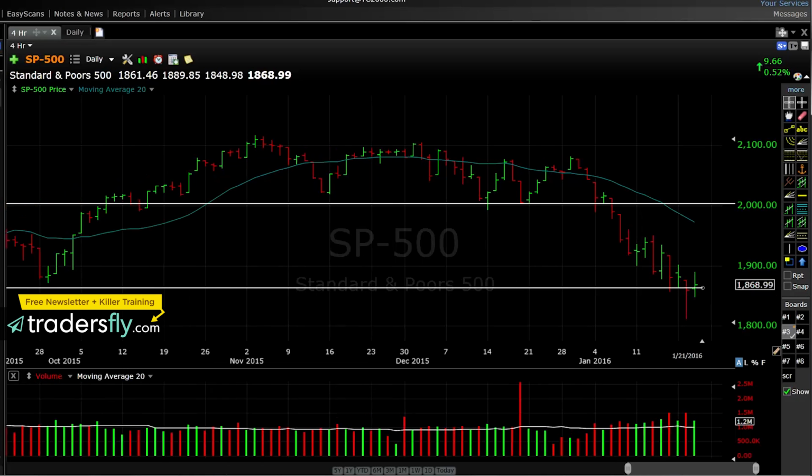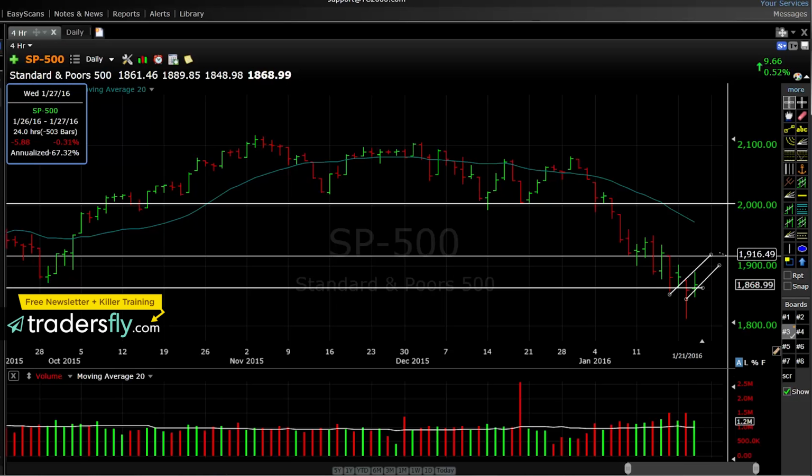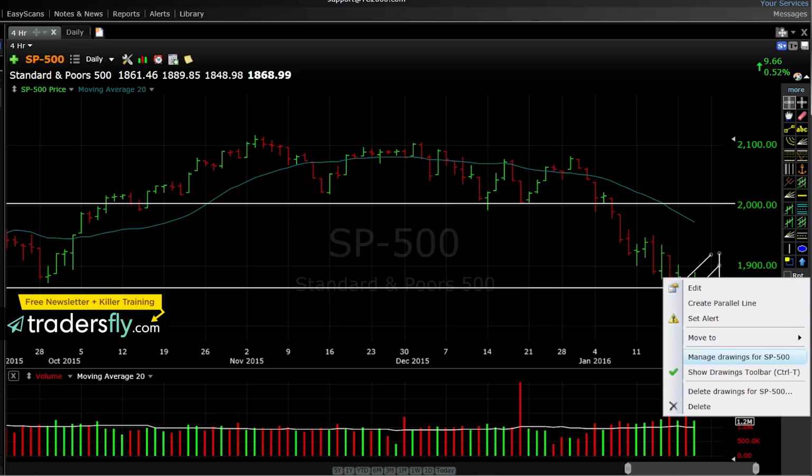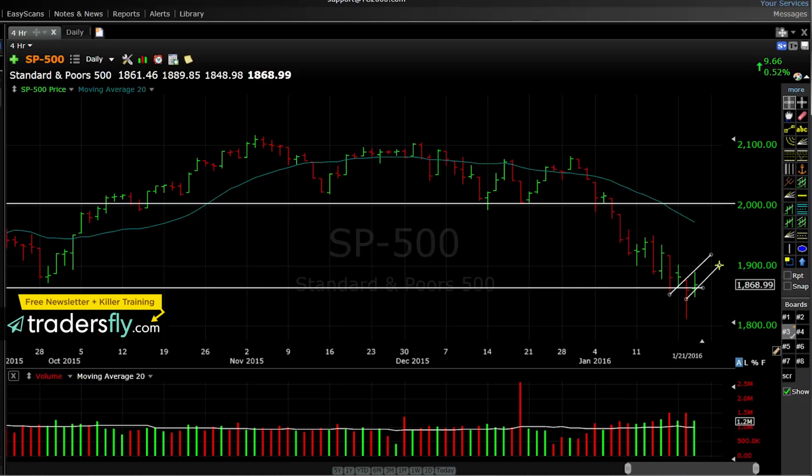Now, can we still get a few more days of popping action? Absolutely, because we're quite oversold in the smaller, shorter term time frame. So we can get a little bounce to, let's say, the 1900 to the 1920, and then more than likely it'll roll back over and head lower. So that would be your dead cat bounce.